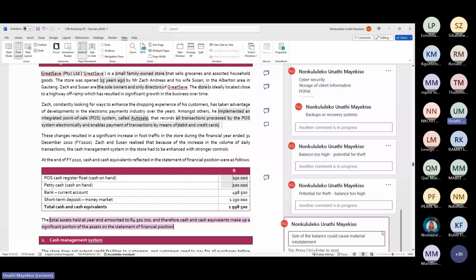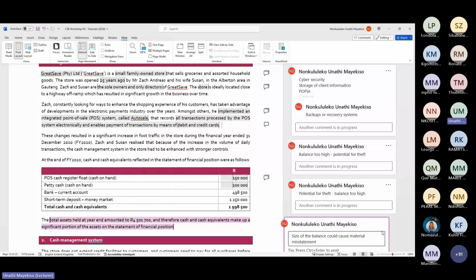Please just repeat it. With regards to your misstatement statement, when you mentioned there would be a misstatement. There could be. Yes. But another risk that we could look into would be confirming the bank current account and the short-term deposit balance to the bank statement to make sure that these are actually the balances. Yes, that would be an audit procedure that you would perform.